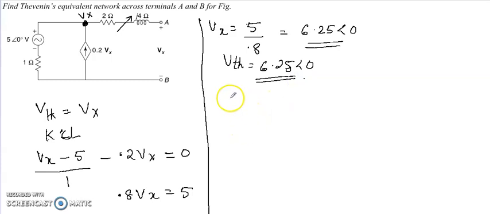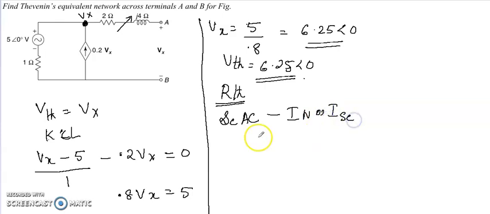So now we have to find Rth. For Rth, if there is a dependent source, the procedure is, initially we short the two terminals and find the current through that branch. We short the two terminals A and B, short circuit A and B, and find the current through that branch, that is IN, the short circuit current, or we call it the short circuit current ISC.